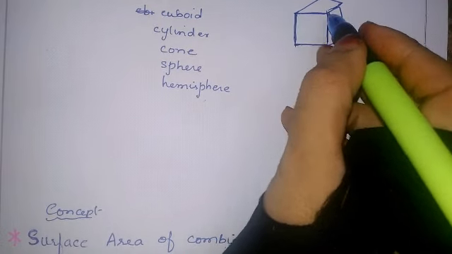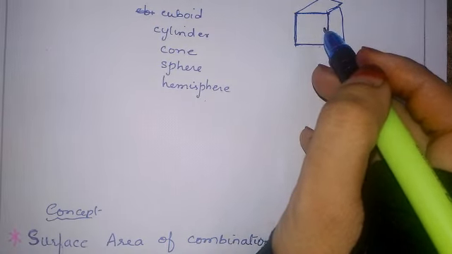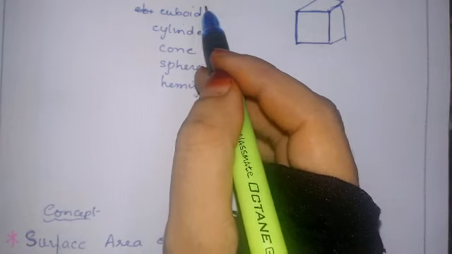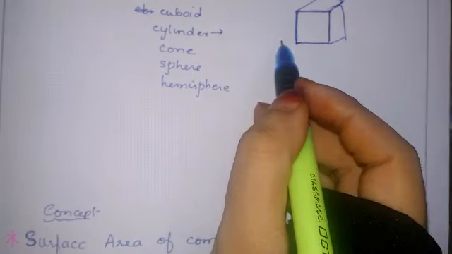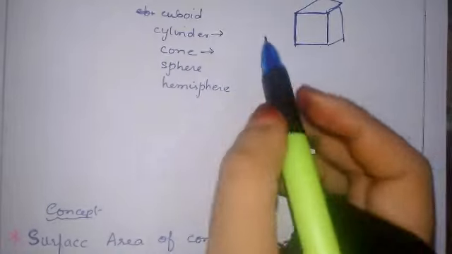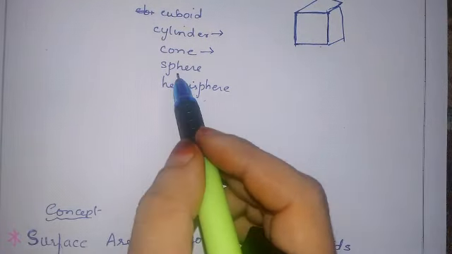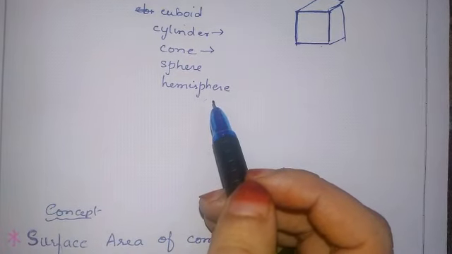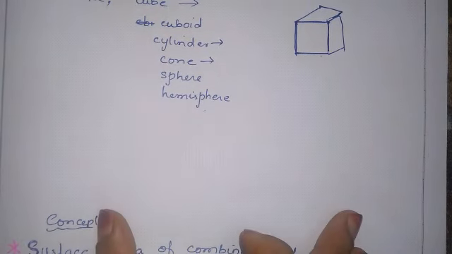A cube has lateral surface area and total surface area. Like that, a cuboid also has lateral surface area, total surface area and volume. But in a cylinder it is curved surface area, and for a cone also curved surface area, because it is round in shape. Like that, sphere and hemisphere. These are all very important solid figures which you are going to learn in 10th standard.